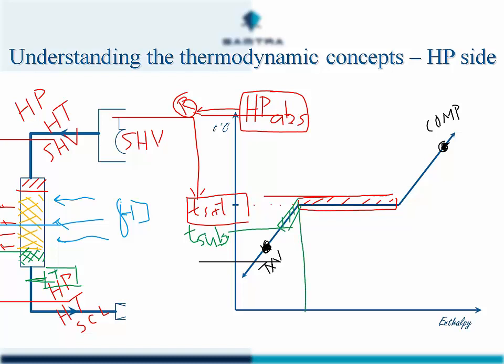So you can see that the subcooling actually provides us with a little bit more heat transfer to be able to get rid of a bit more heat energy. The more heat energy we can get rid of on the high pressure side, the more heat energy we can absorb on the low pressure side.